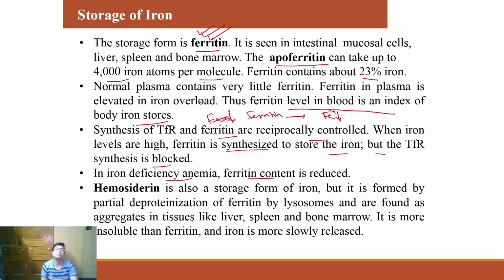Lysosome deproteinizes the ferritin in order to convert it into another storage form, that is hemosiderin, which is also found in tissues like liver, bone marrow and spleen. But it is more insoluble than ferritin, and the iron is more slowly released.